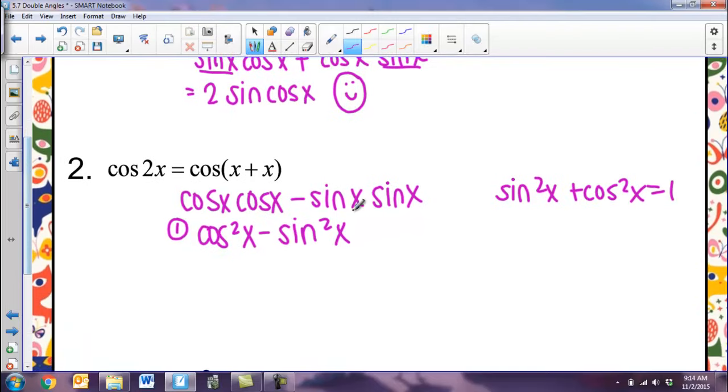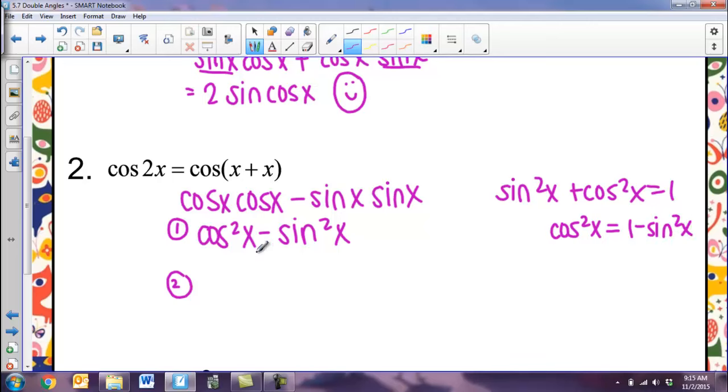Now, looking at these, we want to figure out where those other formulas came from on the double argument for cosine. If you look at the second one, it says 1 minus 2 sine squared x. What I want to do here is make this in terms of all sines. So if I rewrote the Pythagorean identity, I could subtract sine squared from both sides, and I would know that cosine squared x equals 1 minus sine squared x.